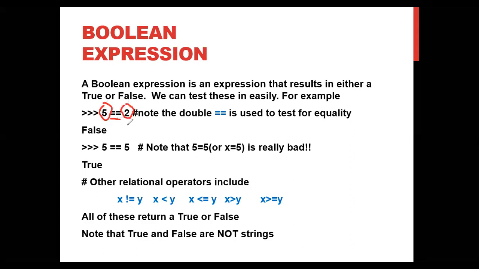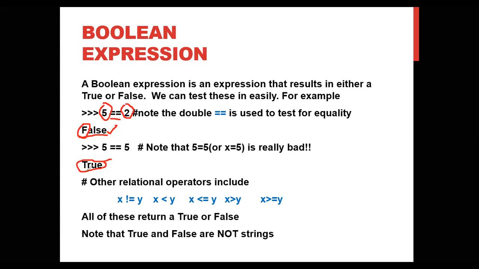If 5 and 2 are equal, then the result of this expression is true. But here 5 is not equal to 2, so the result of this expression is false. So we specify false like this. In False, we need to consider that the first letter is capital, that is uppercase.